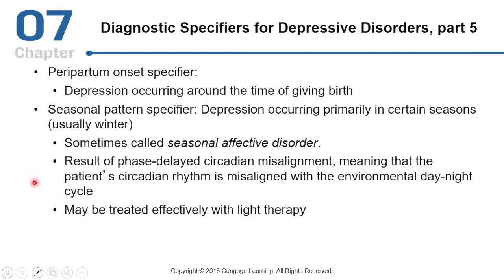Ayan, tumataas talaga yung statistics for depression around this time. Okay, so it's sometimes known as the seasonal affective disorder. And it's the result of the phase-delayed circadian misalignment, meaning that the patient's circadian rhythm is misaligned with the environmental day-night cycle. And this might be effectively treated with light therapy.